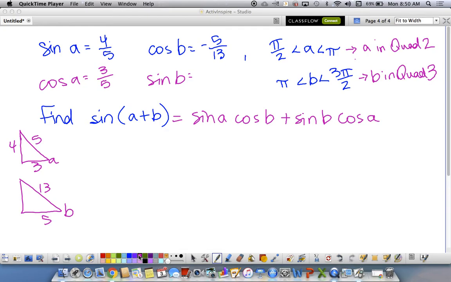The hypotenuse is 13. What's the opposite? 12. That was in the problem earlier. Yeah, I think both of these have been in problems because they're nice Pythagorean triples. So what is sine B?